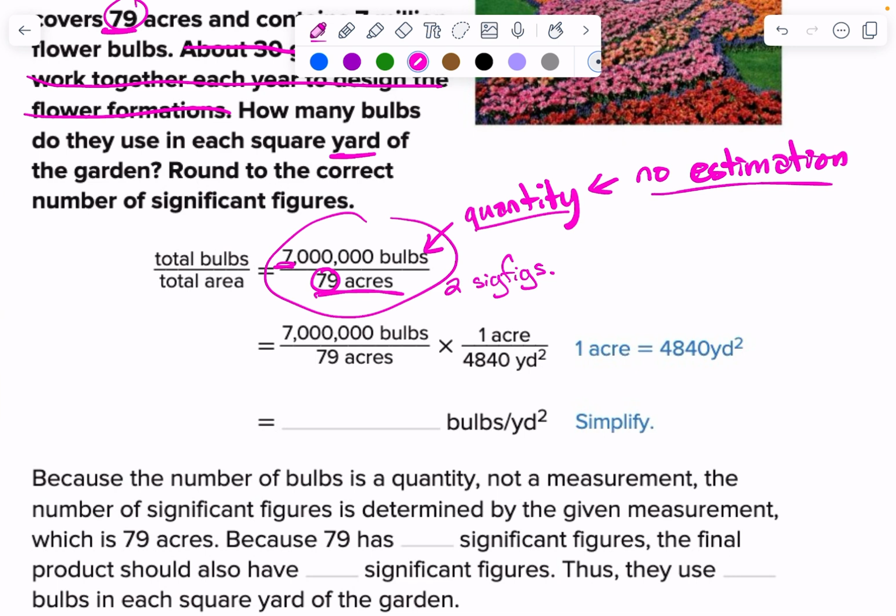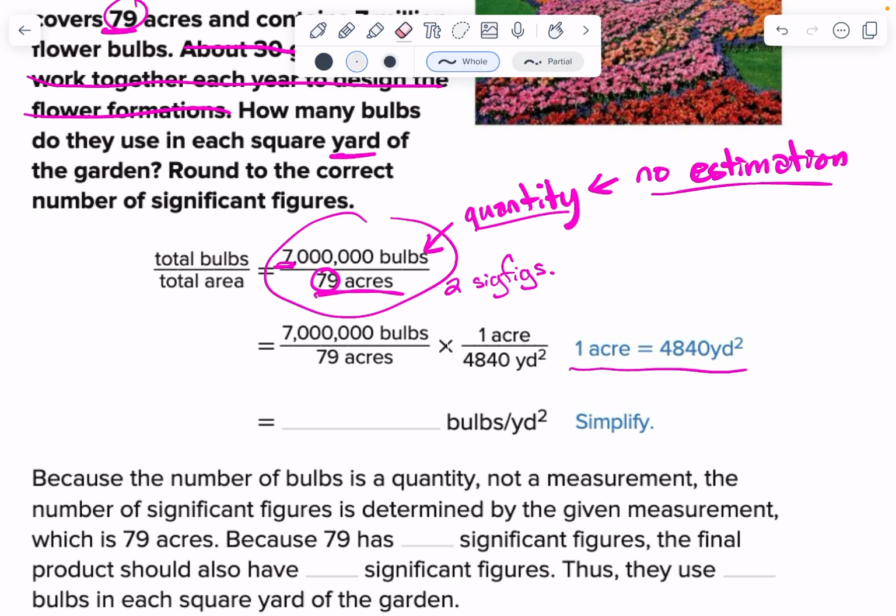All right, now 7 million bulbs, 79 acres. I'm dividing that, but then they give me this information: 1 acre is 4840 yards squared, because they want the answer in square yards. That's not a number that I know off the top of my head, but they're giving it to me.